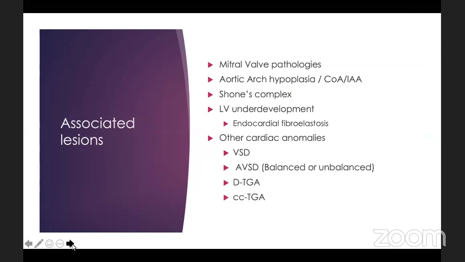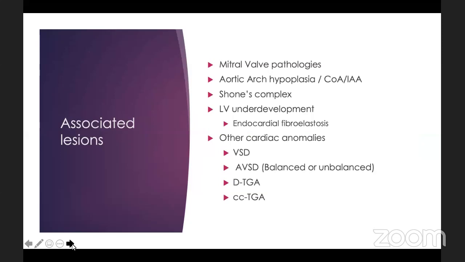It's important when you're tackling a left ventricular outflow tract obstruction to think of associated problems, especially mitral valve pathologies. The mitral valve could be underdeveloped or abnormal in shape and function.